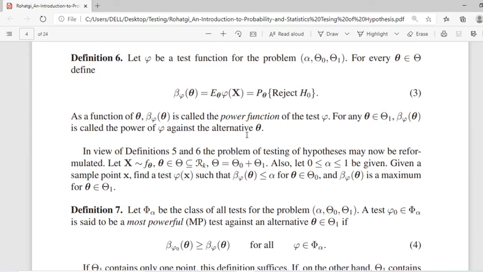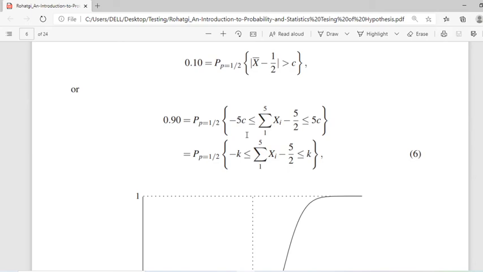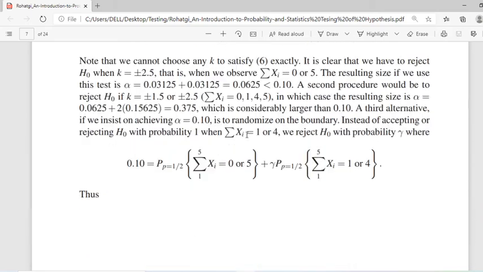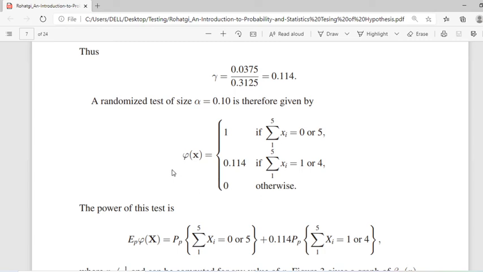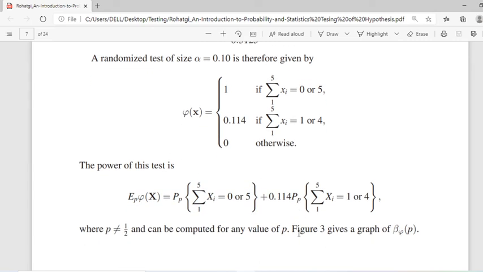So we have discussed a randomized test problem, and we have obtained a test function based on the type 1 error probability. Using that test function, we have obtained the power function and power.